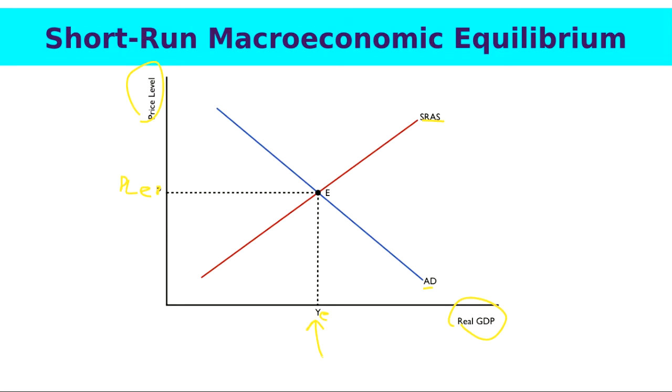So you'll see aggregate demand AD2, right? Just like you did with regular supply and demand, you'll see a new Y2, and you'll see a new price level at PL2. So it shifts just like regular supply and demand.